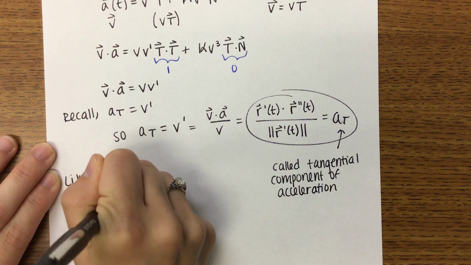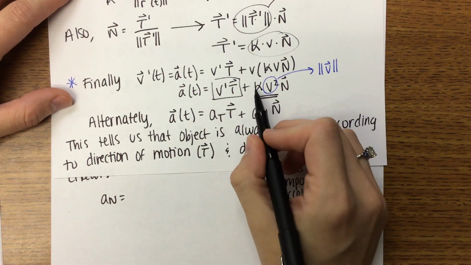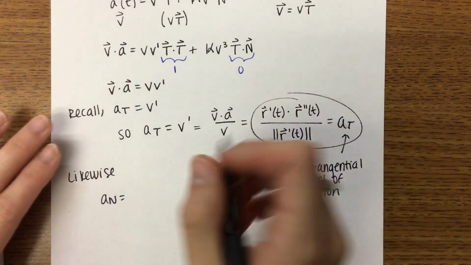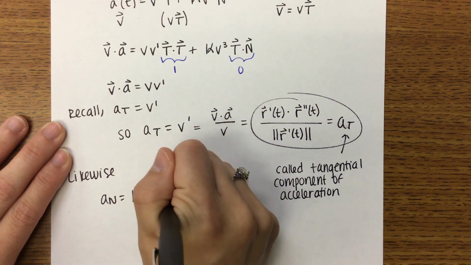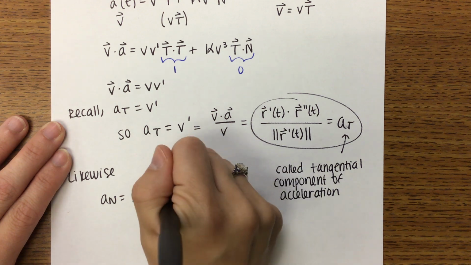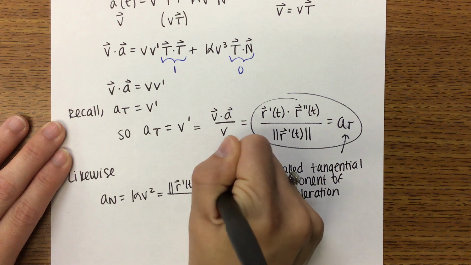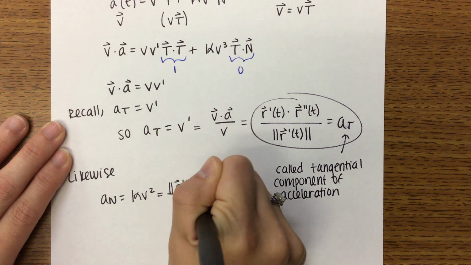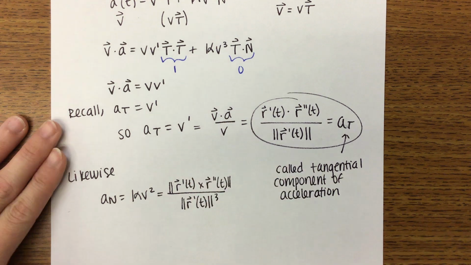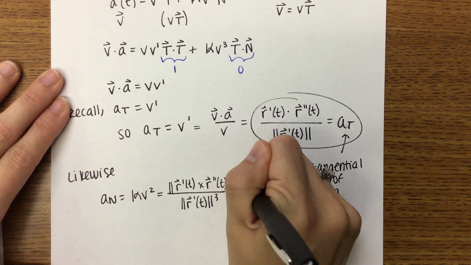Likewise, that A_N from up here was curvature times v squared. The formula for curvature is the norm of r prime of t crossed with r double prime of t, divided by the norm of r prime of t cubed. So this is all curvature, and then we have v squared.